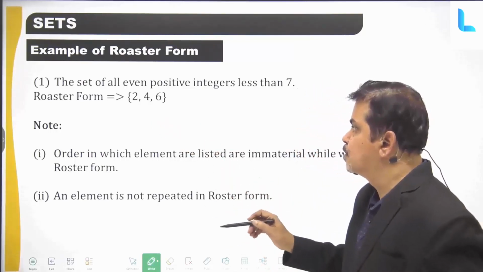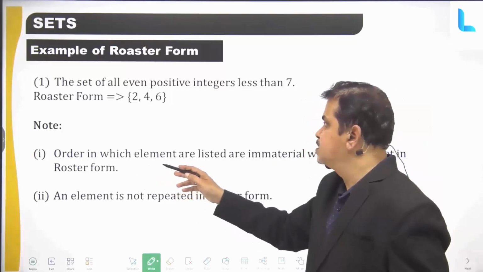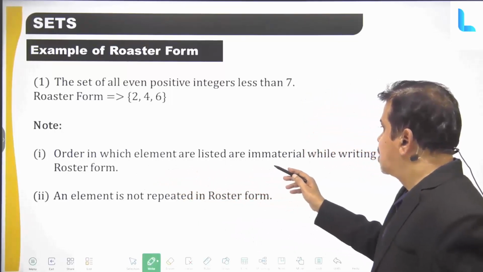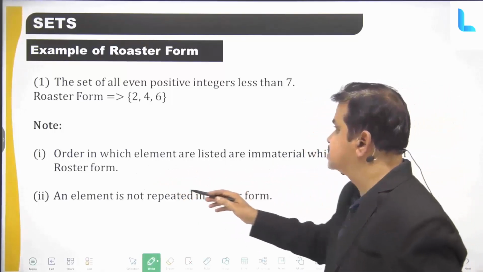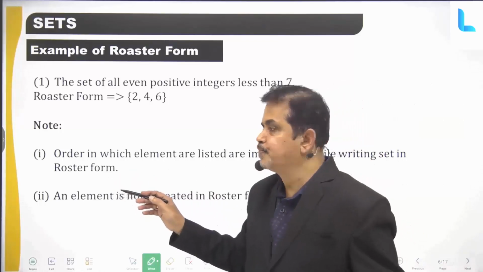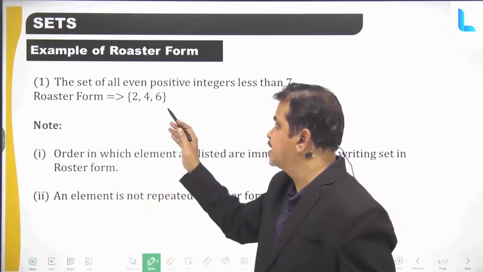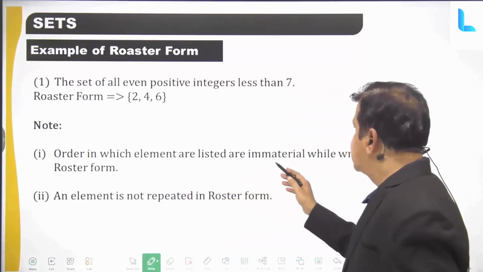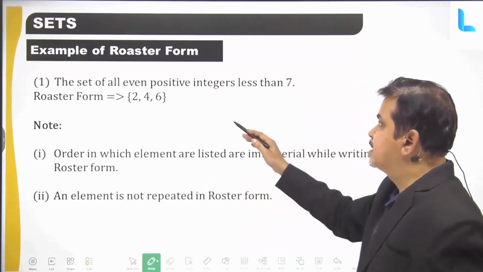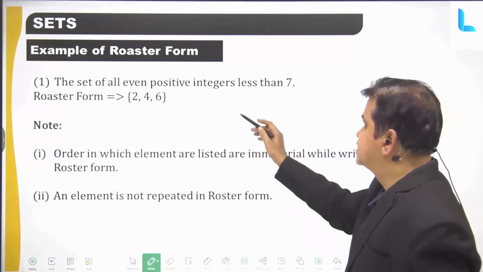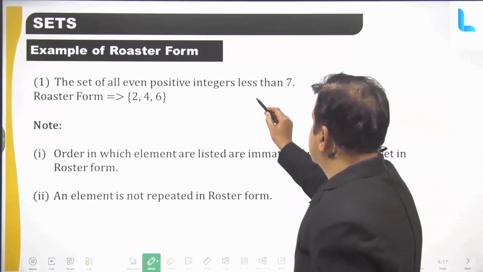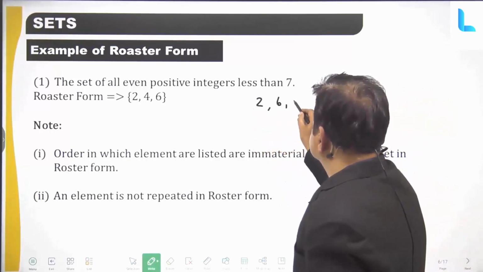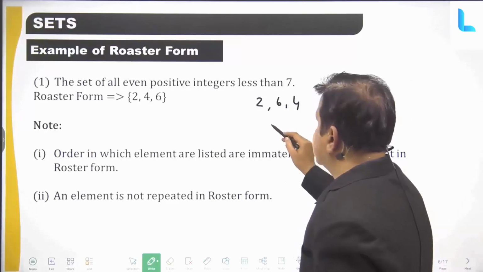Here you have to note that the order in which the elements are listed is immaterial while writing this set in the roster form. We can write in any way. For example, we may also write this as 2, 6, 4, or in any order.